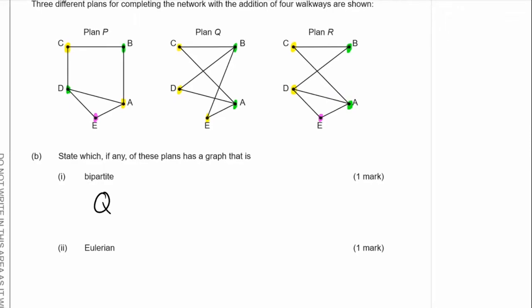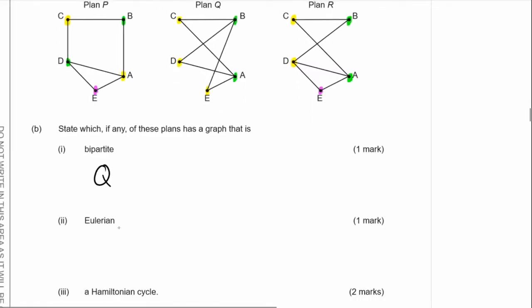Okay. All right, Eulerian. Eulerian means exactly, no, not exactly, because that's semi-Eulerian. It's no odd nodes. That's how we find Eulerian graphs easily. What does Eulerian mean?